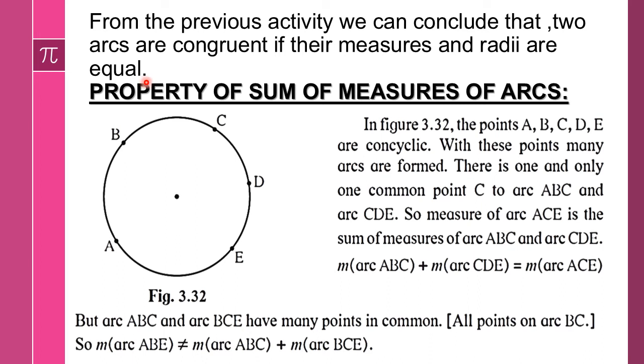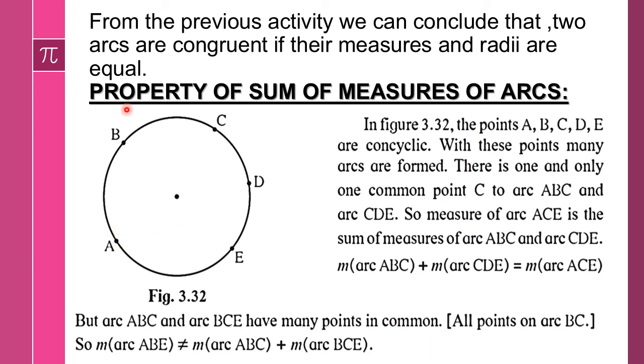Okay. Now let's learn the property of the sum of measures of arcs. Okay, so if you see this particular figure 3.32, here there are 5 points lying on the circle, A, B, C, D and E, all lie on the circle, and hence they are concyclic. Now with these points many arcs are formed.